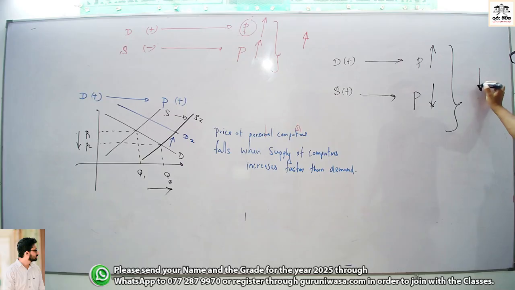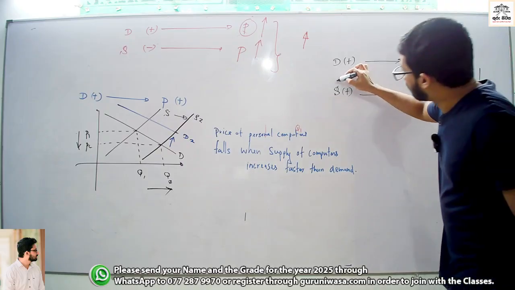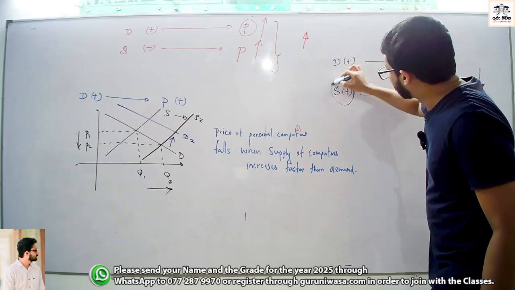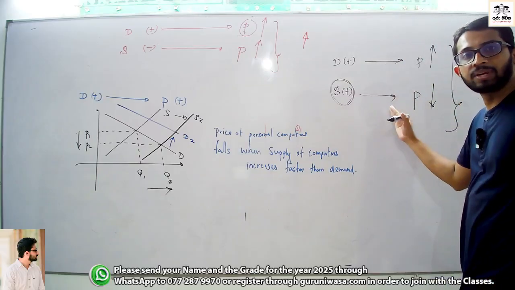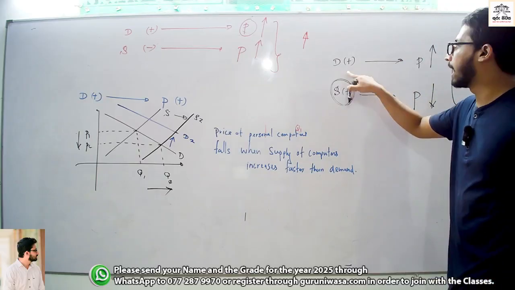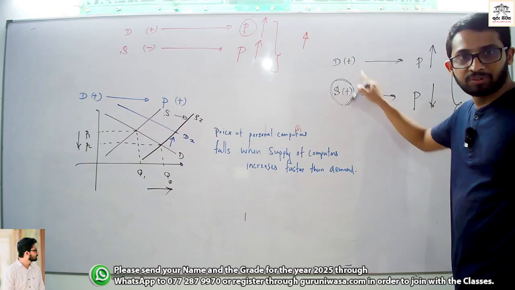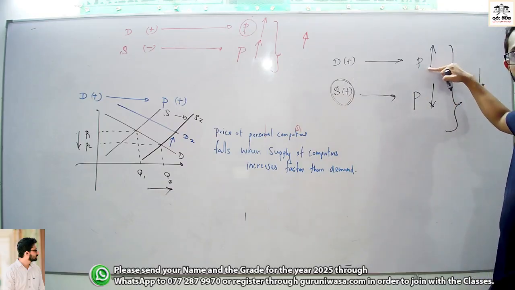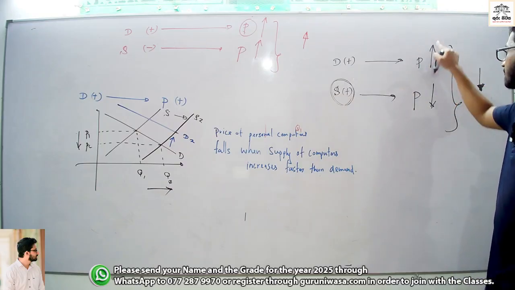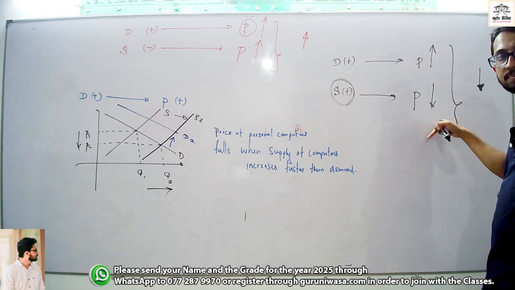Price of personal computers reduces because the impact created by supply is more than the impact coming from demand. Here it's the opposite, right? Price increases, decreases. Did you get the point?